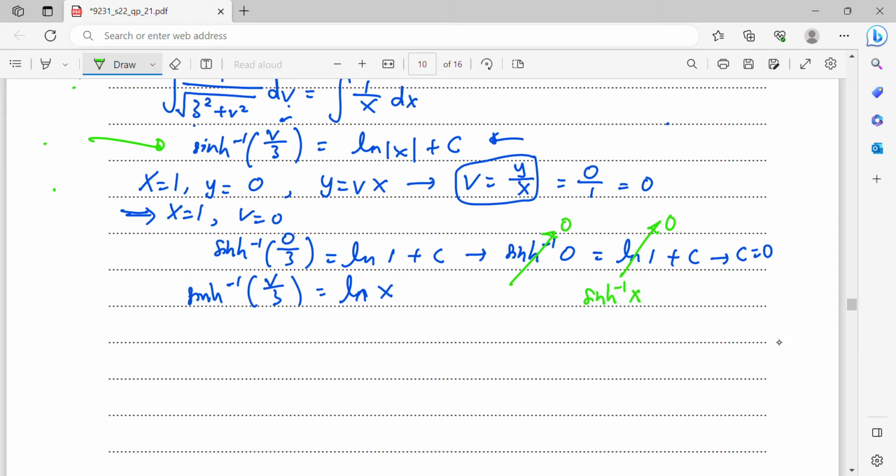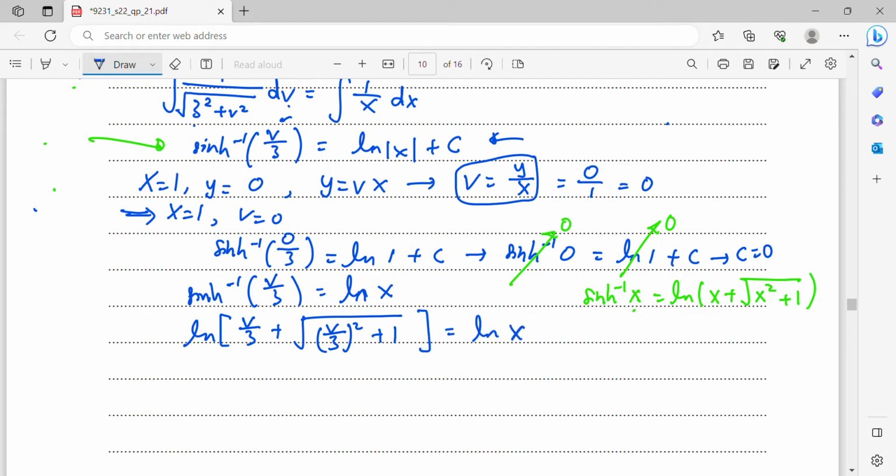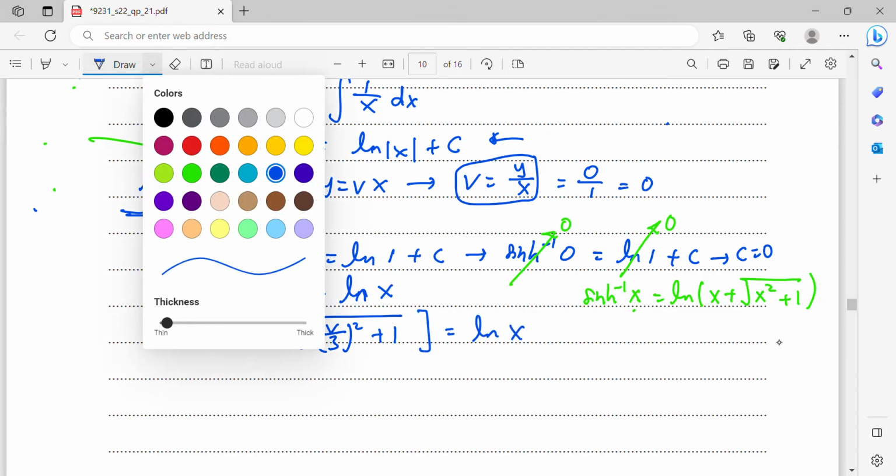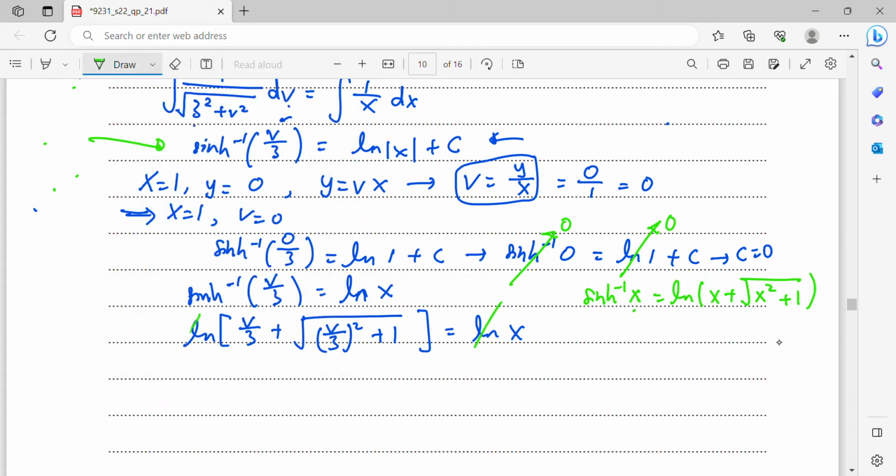Inverse sine x is ln of x plus square root of x squared plus 1. Now my x becomes v over 3. So therefore I will get ln of v over 3 plus square root of (v over 3) squared plus 1 equals ln x. So once you get this, I can cancel the ln from both sides.